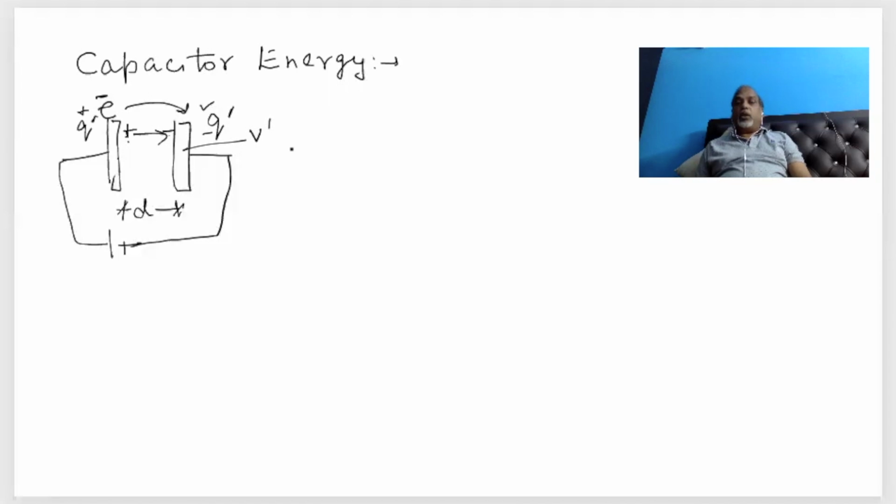So what work basically we have to do, that is nothing but V dash into dq dash. Suppose when the potential difference between the two plates is V dash and charges are q dash, then for another dq dash charge that we want to shift, naturally this much work we have to do.